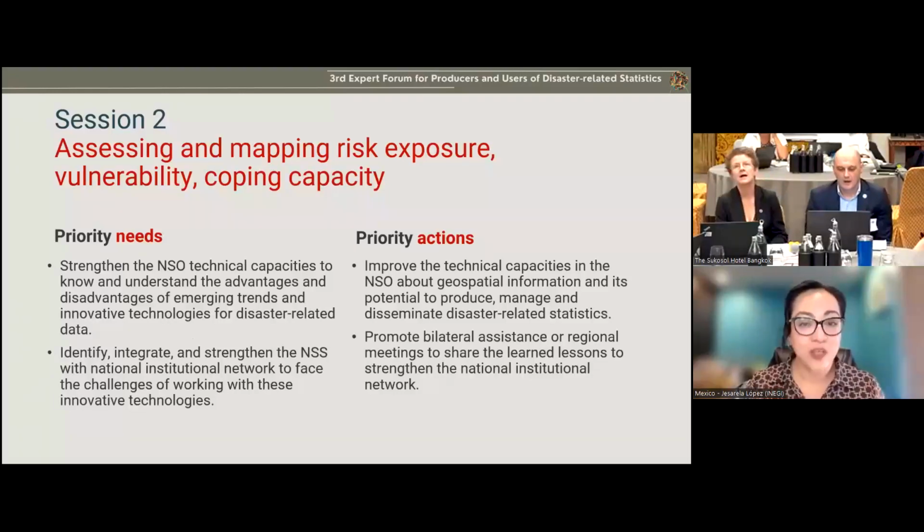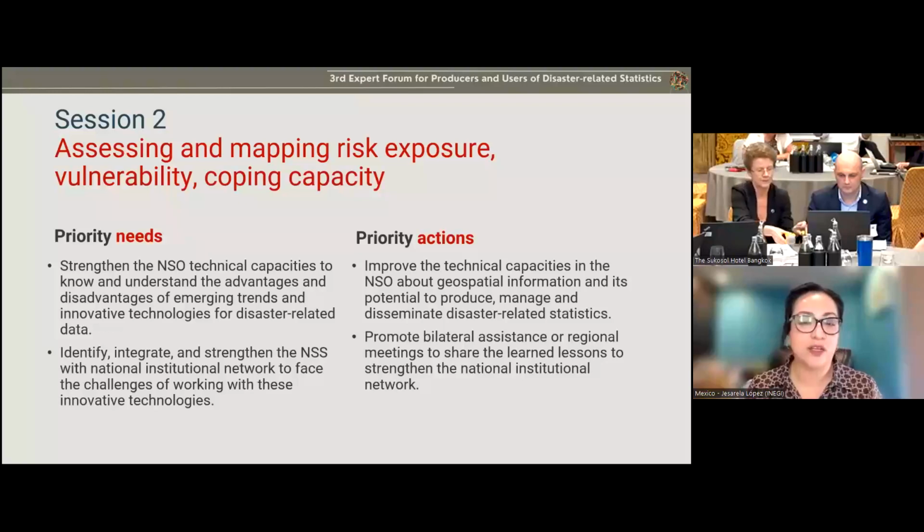And the NSOs, as we discussed in the session, face several challenges in disaster risk management, such as those related to data collection, quality, integration of information from many sources, capacity building, interinstitutional coordination, and effective communication.